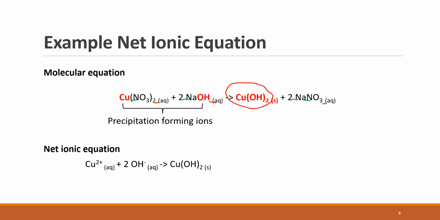So our net ionic equation would be copper 2 plus mixed with 2 hydroxide ions to get the solid copper 2 hydroxide. So this was kind of a shortcut way. We didn't write out all the ions and do the canceling.